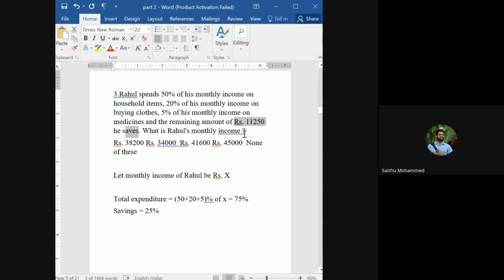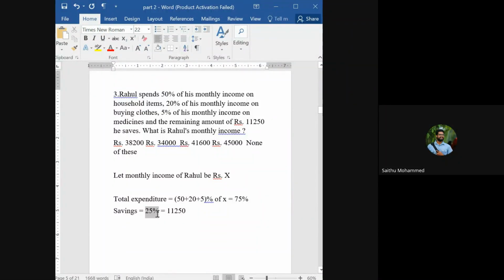That means his saving is rupees 11,250. So from the question we have got that savings is rupees 11,250, which when we look at from the percentage perspective, we have found that is 25%.